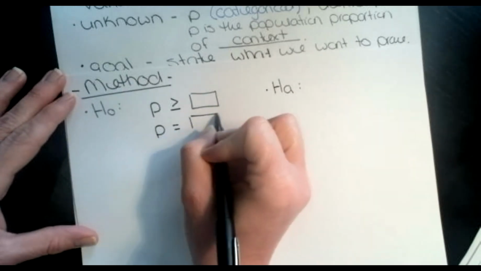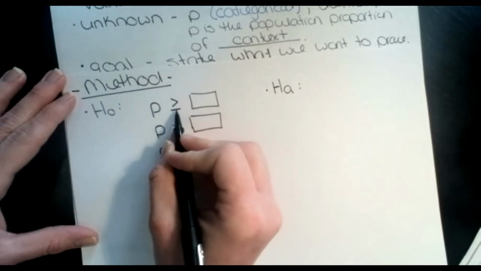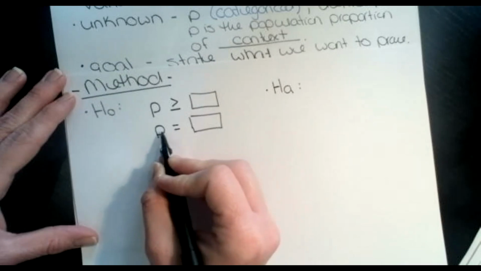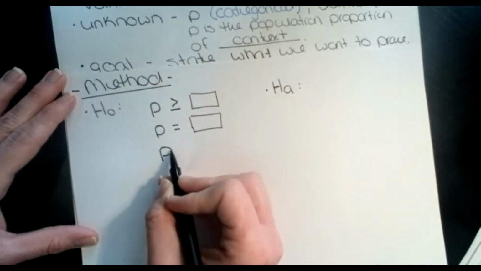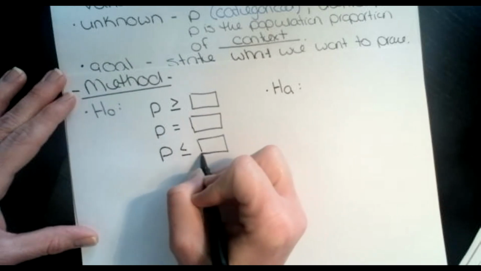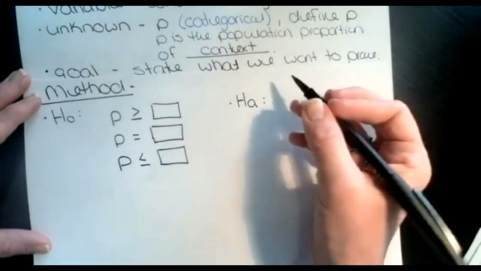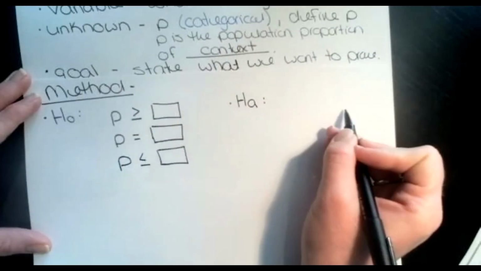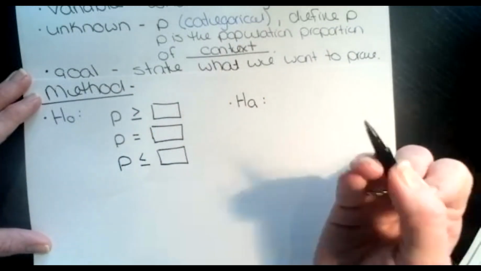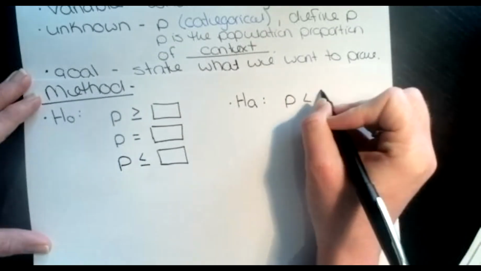So I'm going to write down the three different situations that could occur. So P could be greater than or equal to some number. P could be just equal to some number, or P could be less than or equal to some number. And then my alternative hypothesis is going to follow the same suit. And I'm just going to write it so they go right along. So remember what I said before, they're opposite one another. So here it would be P is less than some number.